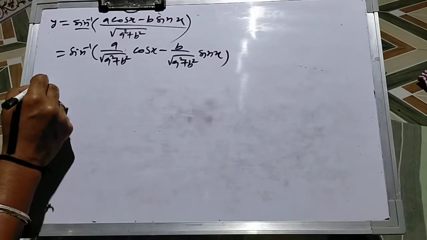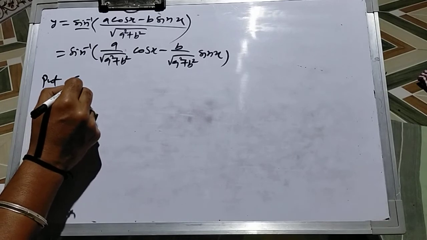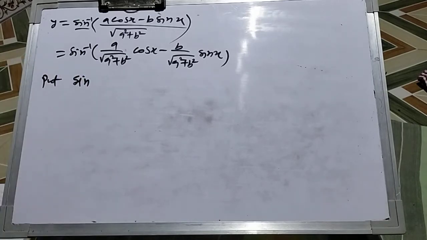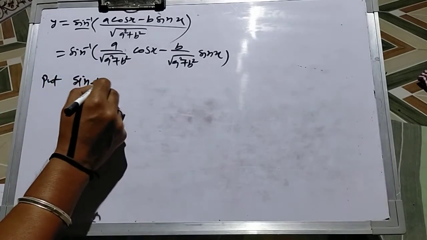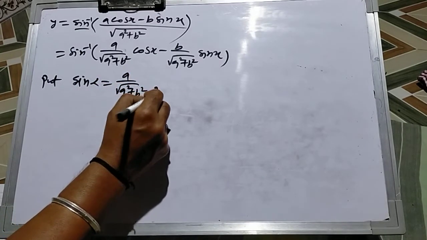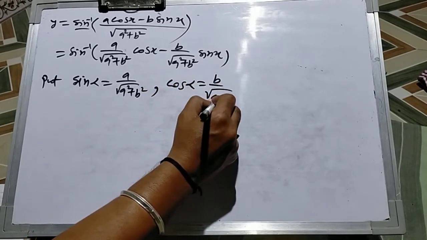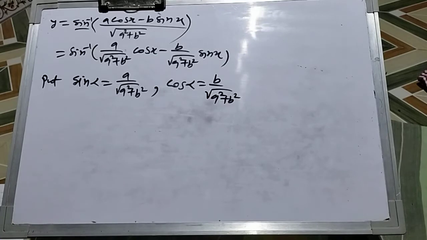So we put sin alpha equal to a divided by root a square plus b square, and cos alpha equal to b divided by root a square plus b square.